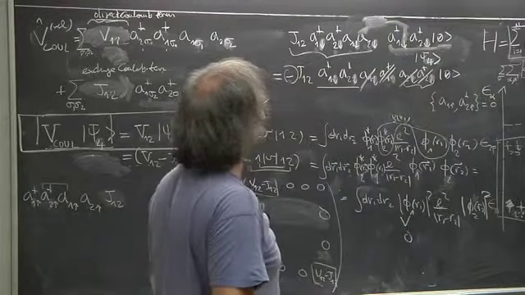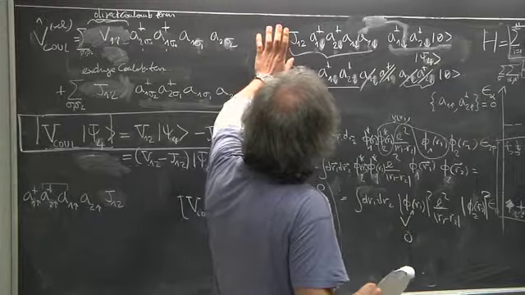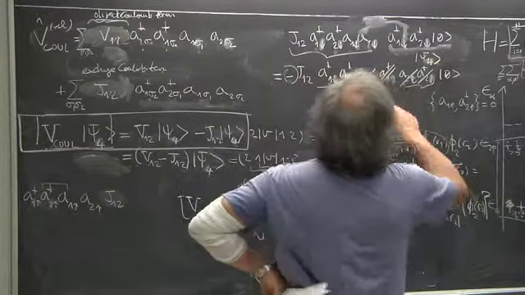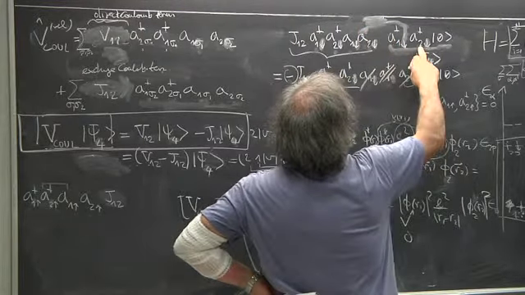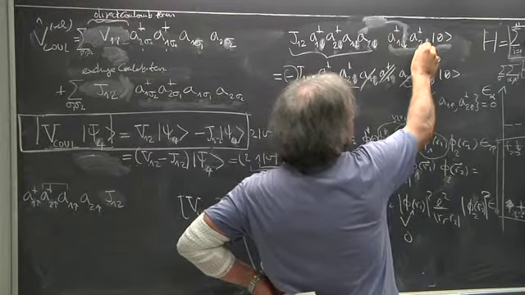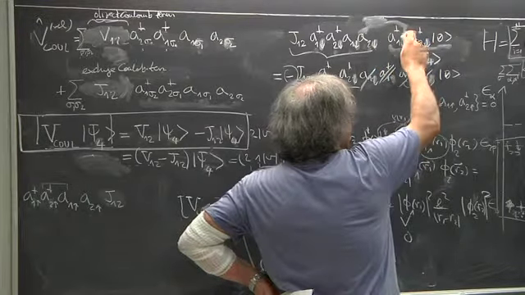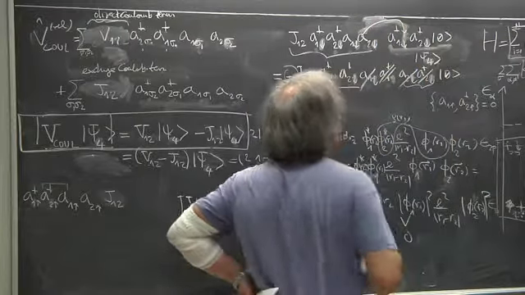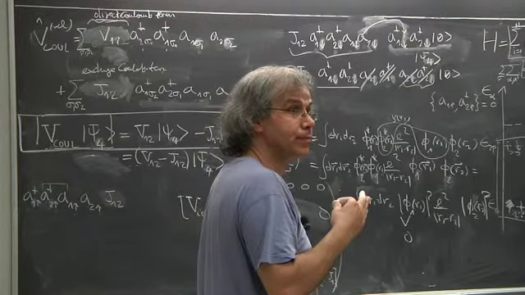Now, you ask why there is a minus. Well, there is a minus in essence because in order to destroy this particle 2 down that I have created here, I have to have this object acting on the state. But to have it act in a natural way, it has to be just close to the creation operator.